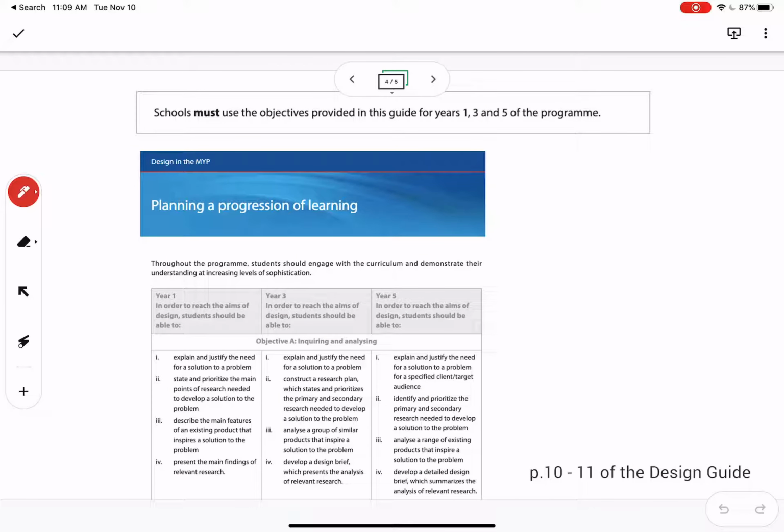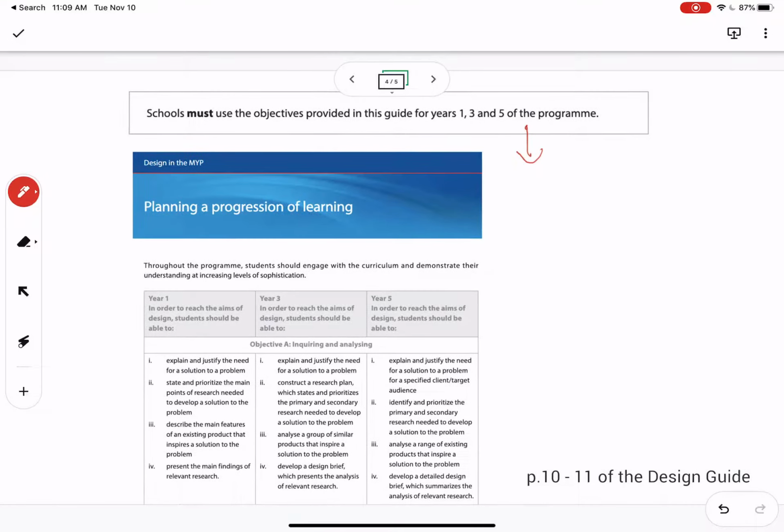The last thing that we're going to talk about here is planning a progression of learning. As I articulated earlier in the screencast, year 1 equals 6th grade, year 3 equals 8th grade, and year 5 equals 10th grade. So each year of the programme, we articulate different levels of sophistication for the progression of learning.